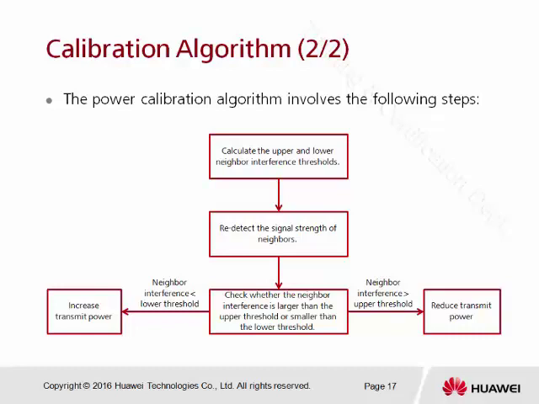When the neighbor interference is below the lower threshold, that means there is not much interference between my neighbor and me, so I'm allowed to increase my transmit power. When the neighbor interference is above the upper threshold, that means there is very large interference happening between me and my neighbor in this area. So I have to reduce the transmit power to lower the interference here.